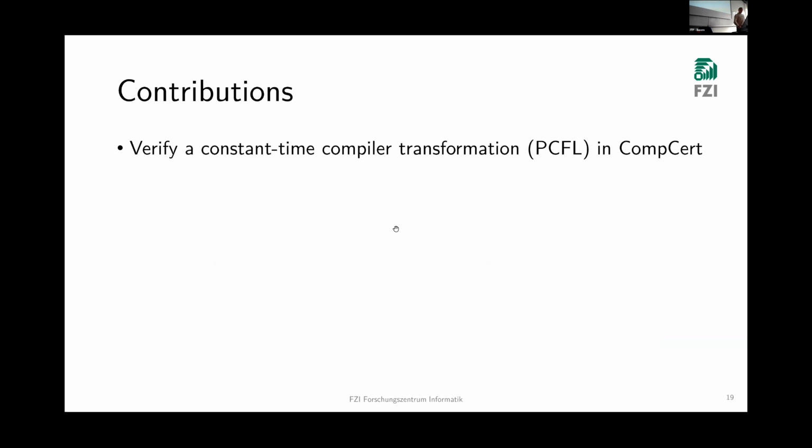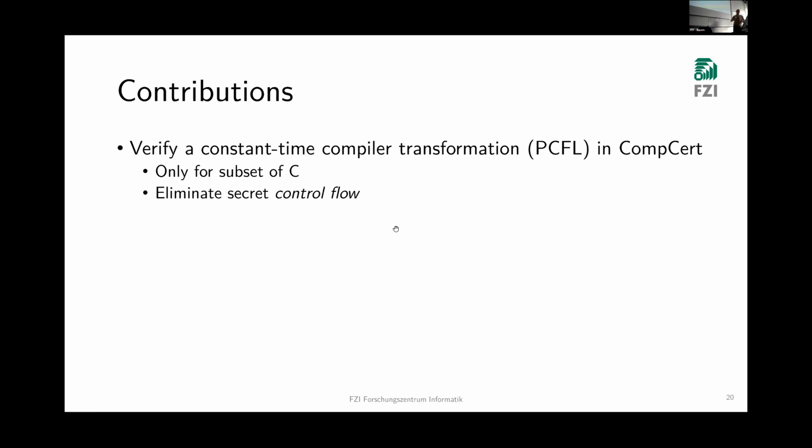Okay, and now let's come to our contributions. We verified a constant time compiler transformation, PCFL, in CompCert, with some restrictions. We only did it for a small subset of C currently. To be precise, we only consider a single function that doesn't call other functions and also doesn't have any loops.